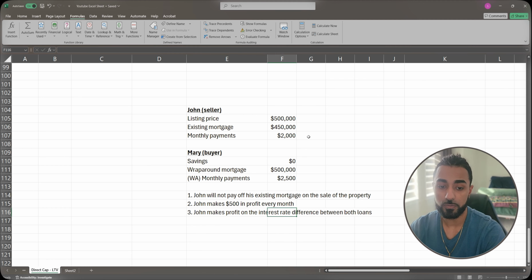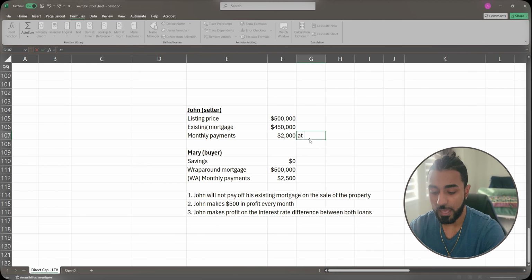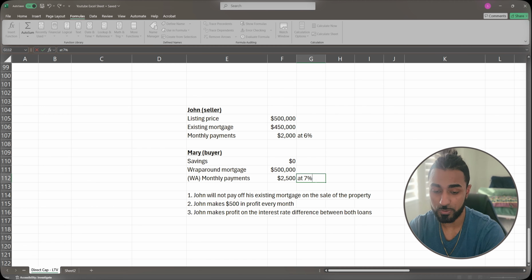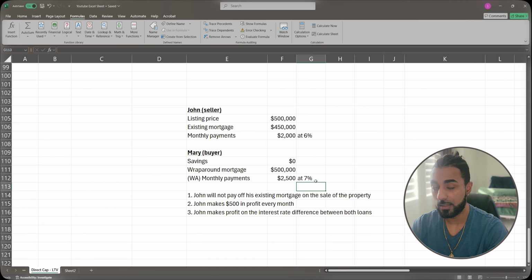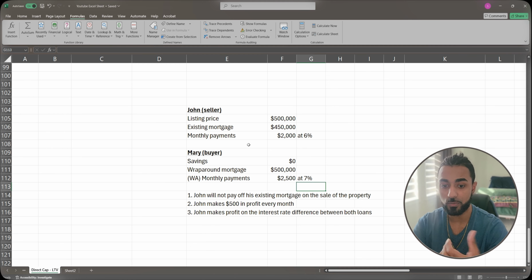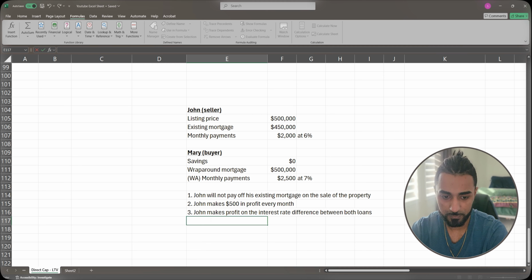Because if he's doing the monthly payments of $2,000 at, let's say, 6%, he's going to give these payments to Mary at something like 7%. He's obviously going to charge higher. And so he's going to make a profit not only on the listing price, which is these monthly payments, he's also making a profit on the interest. And of course, he's getting these monthly payments, right? So number four, John is also getting monthly payments.